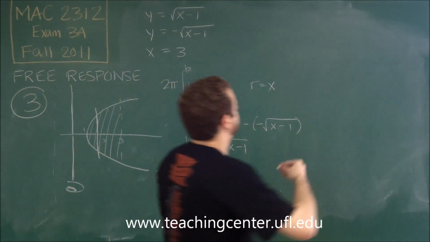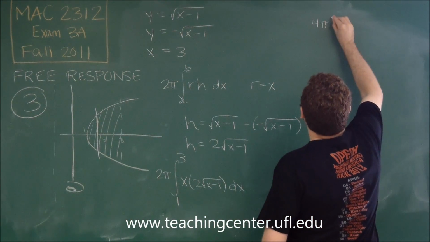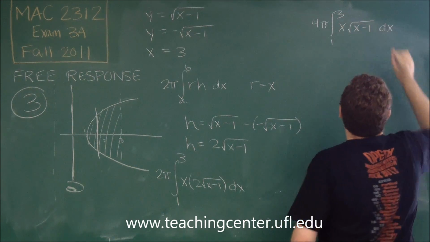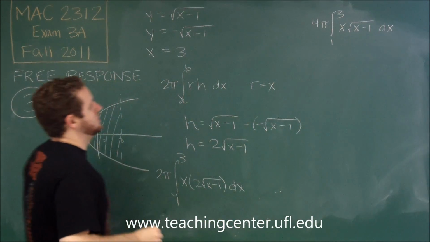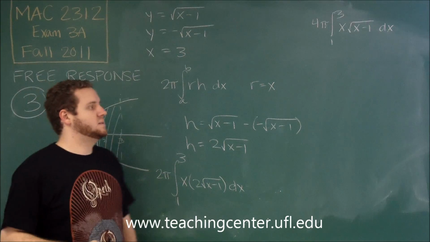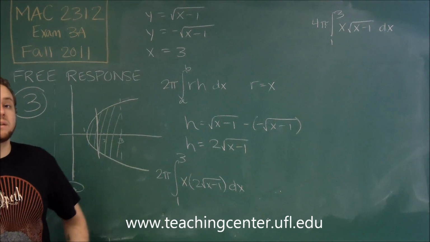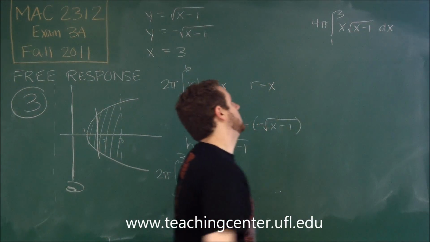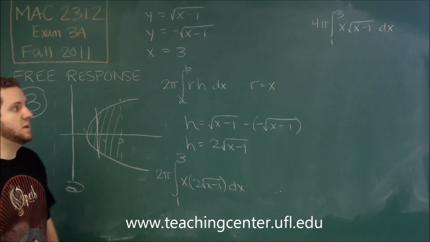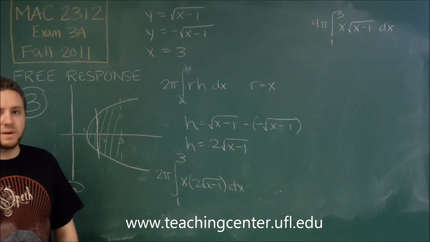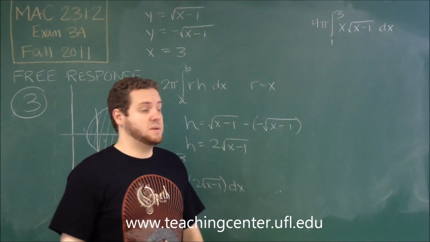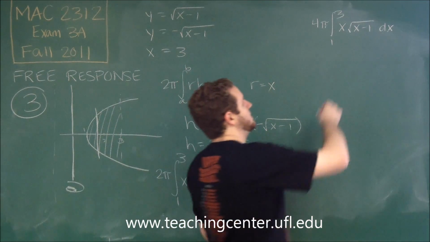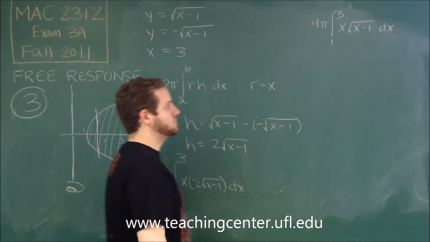So we could bring the 2 out front and make this 4 pi integral from 1 to 3 of x root x minus 1. Computing the value of this definite integral will require some integration techniques that we learned at the beginning of the semester. We need to convert this in some way so that we can actually do the integral, because remember there's no product rule or anything. Integration by parts would be a little extreme here. Instead you can think, I can't distribute that x because this x minus 1 is all raised to the 1/2 power.